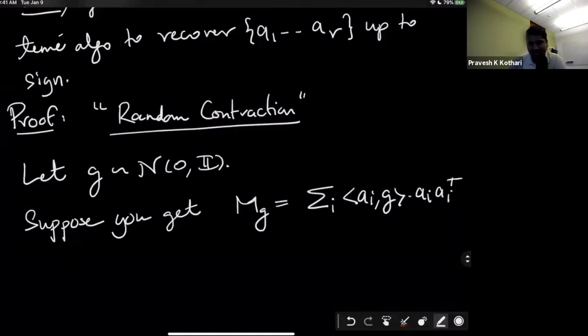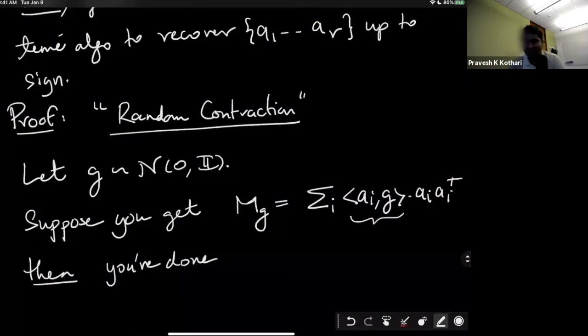This is a matrix where the components are the AIs, and the rank 1 term AI AI transposed is scaled by the inner product of AI with this random Gaussian G that I picked. Suppose I gave you this M sub G. Then I want to claim that you're done.